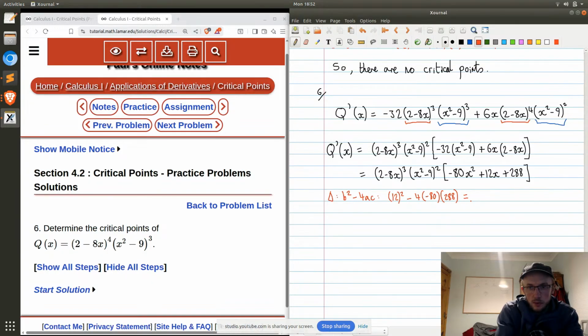So 144 plus 4 times 80 times 288. And I get that. And that is not a square number. But it is positive. And we've got 92,304.